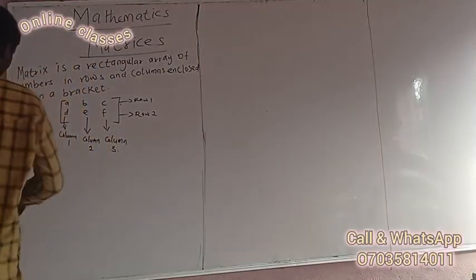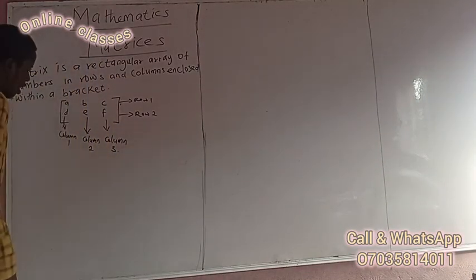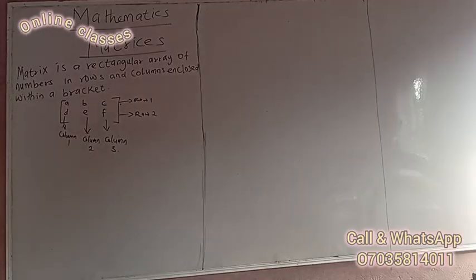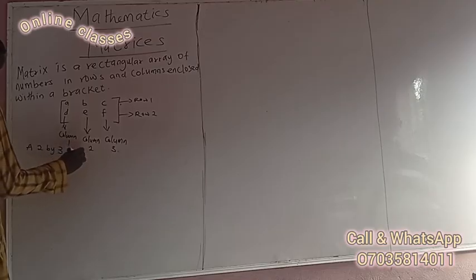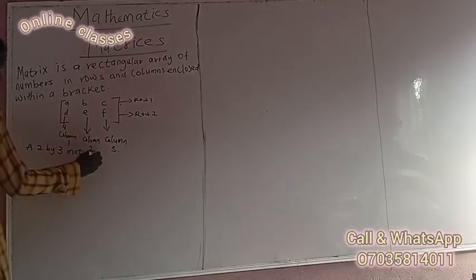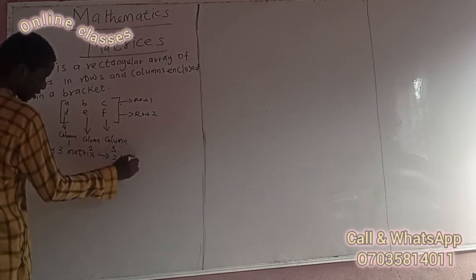This is a 2 by 3 matrix because it has 2 rows and 3 columns. You can write it this way, or you can also write it 2 by 3.